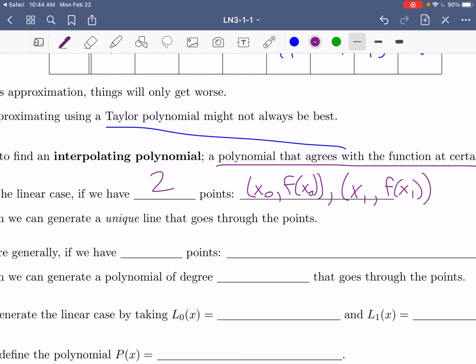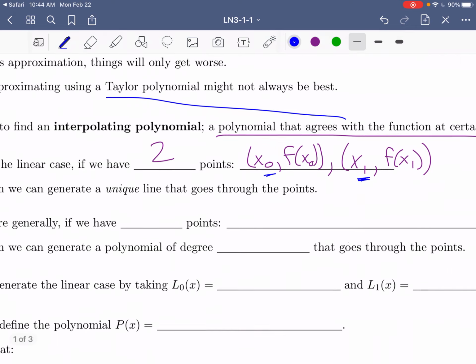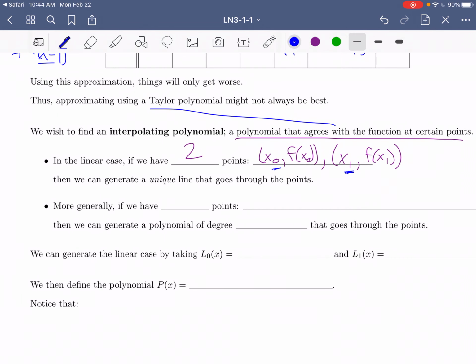Now notice we have 2 points, but the subscript on our second point is 1. So the largest subscript we only get is 1, even though we have 2 points, because we have that subscript of 0 as well. If we have 2 points, we can generate not just a line, but we can generate a unique line that goes through those points.